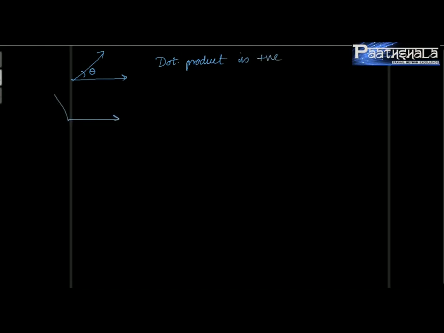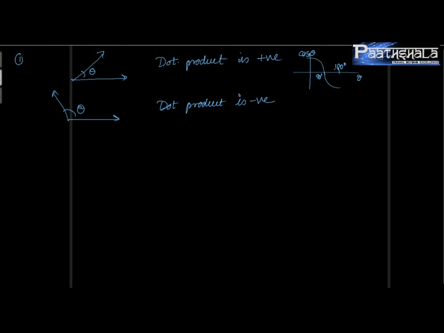If the angle theta is obtuse, then the dot product is negative. It's easy to understand if you know the fact that cos theta is positive between 0 and 90 degree and negative for theta greater than 90 degree, that is theta between 90 degree and 180 degree. This is the graph of theta versus cos theta that I have drawn over here. This is the first property.